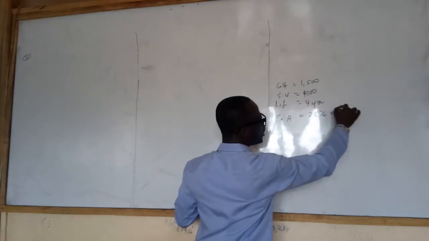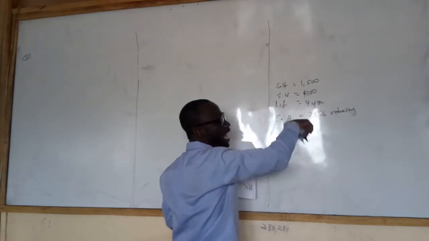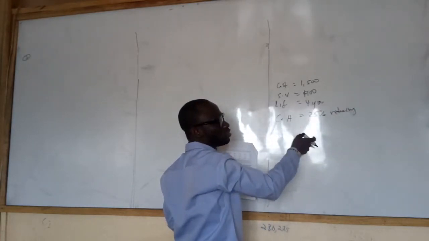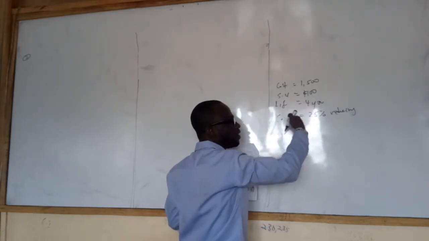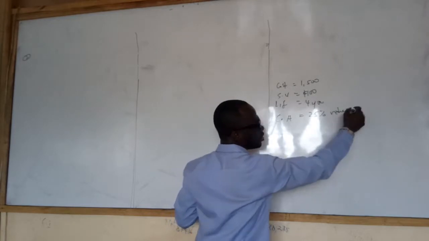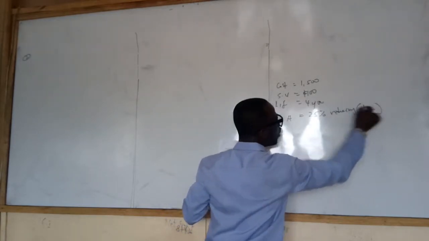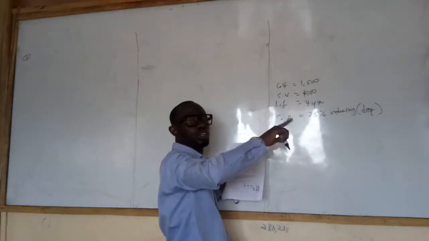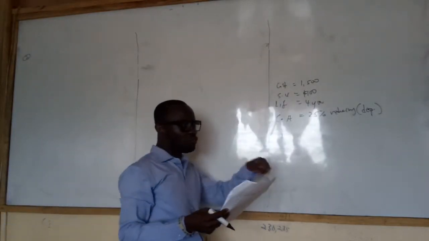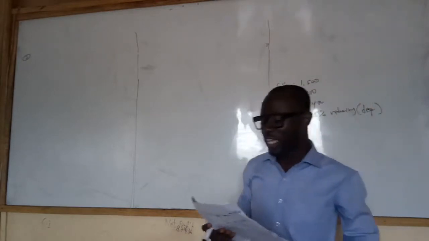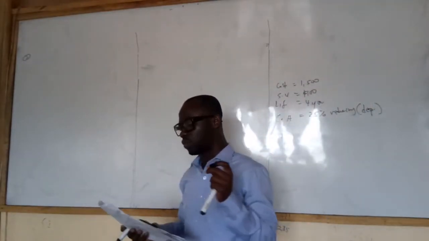But remember I told you that if the examiner says capital allowance like this, it is actually the depreciation figure. Because with capital allowance, we have to always use the tax rate.